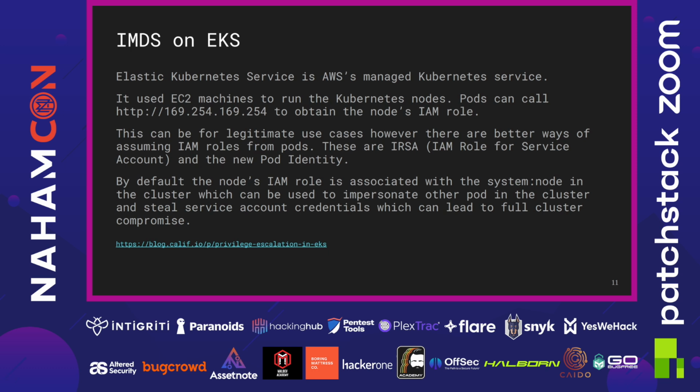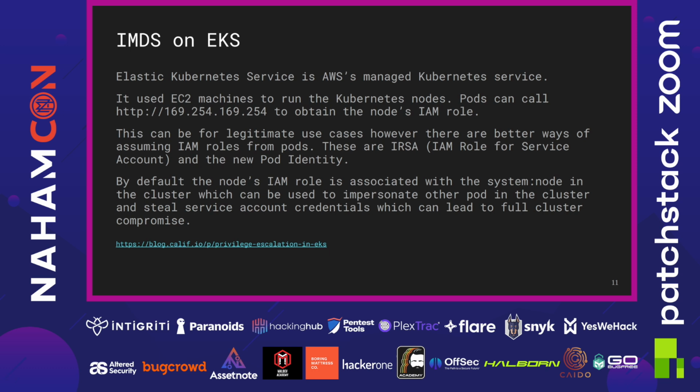This can be something difficult to block, because even though you have Kubernetes network policies, which can be used to block access to the instance metadata IP, there are some legitimate use cases for assuming the node's role from a pod in order to have IAM credentials, like having access to resources in the AWS account.